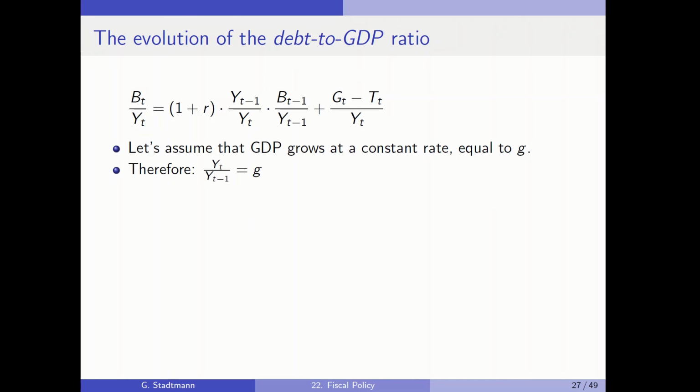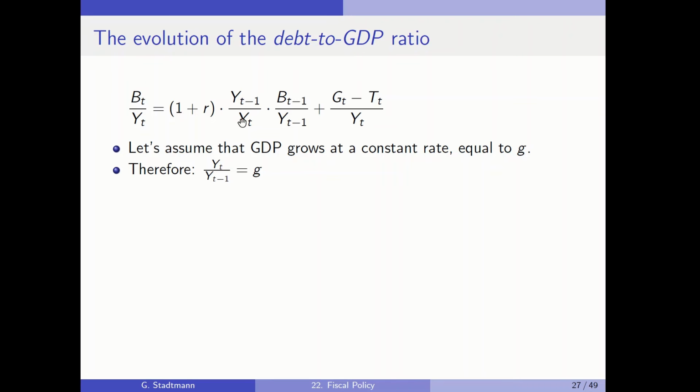So let's assume that GDP grows at a constant rate equal to g. So therefore the term Y_t over Y_{t-1} is equal to the growth rate g. This might be, for example, 2%.